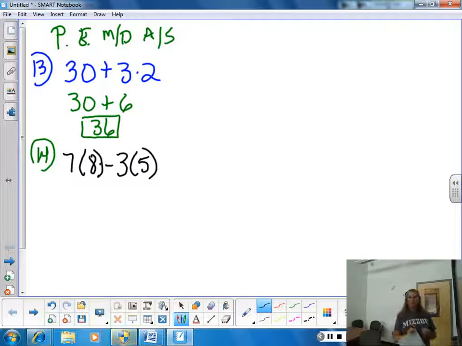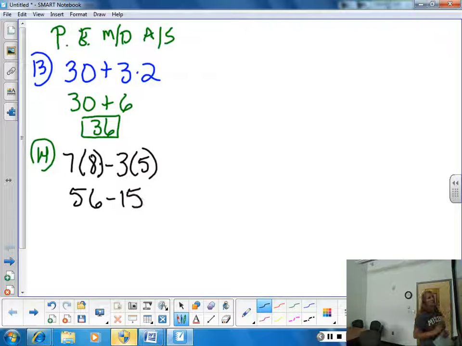Well, you have multiplication, subtraction, and another multiplication. The please excuse my dear Aunt Sally is telling you that you always should be multiplying before you subtract. 7 times 8 is 56. 3 times 5 is 15. So you do the multiplication, you jump over, do the multiplication again, and then you subtract. That gives you 41.